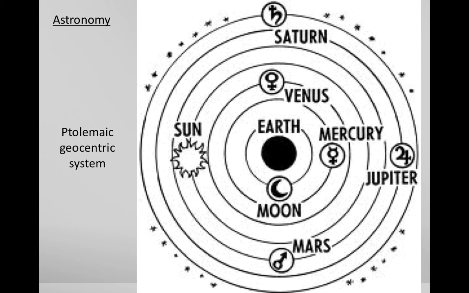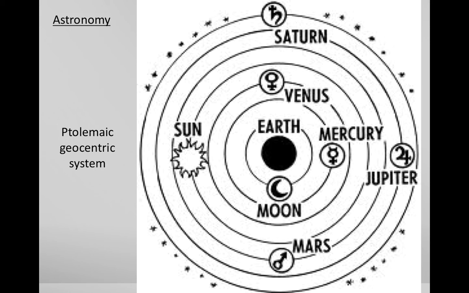And this was the commonly accepted idea. A way to help you remember this long term, geocentric, is think of geography or geology, which are studies about the Earth, and then centric, like center. So think Earth in the center.